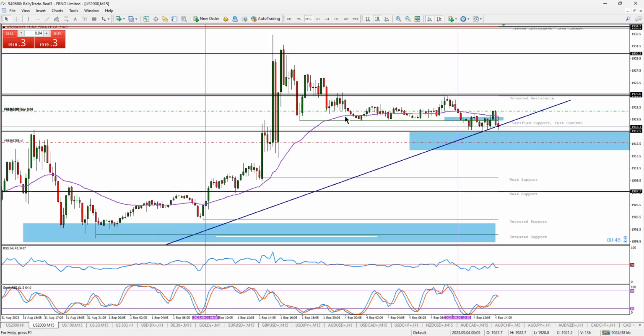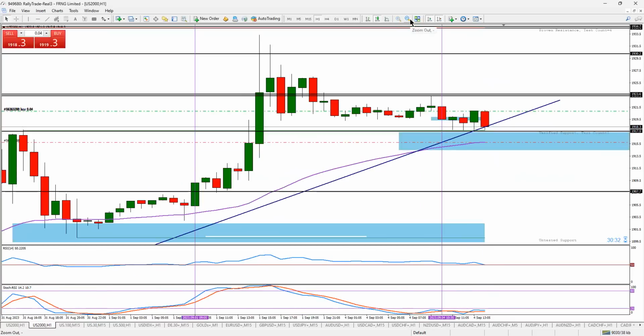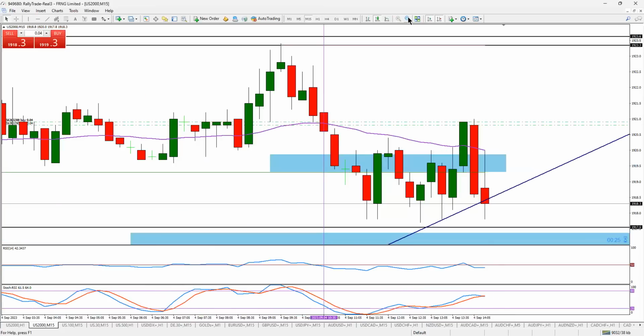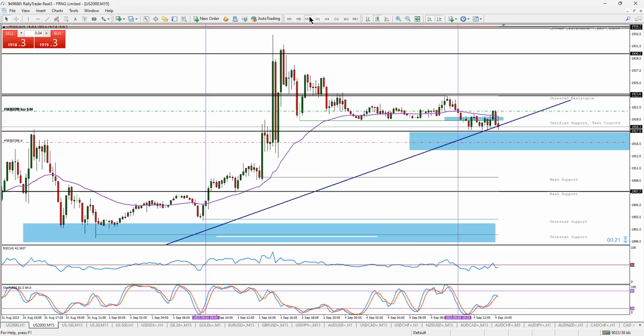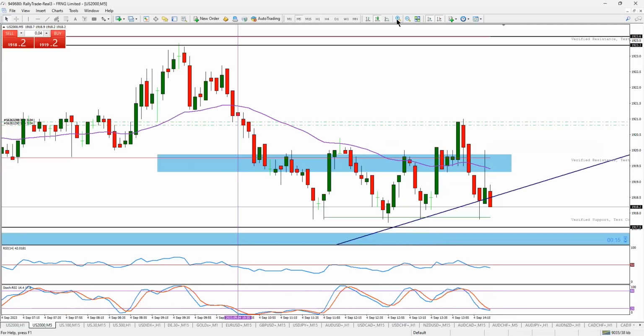There's moving average, there is RSI, there's stochastic RSI, there's trend line, there's support and resistance. Do you understand? So it's not just the moving average.